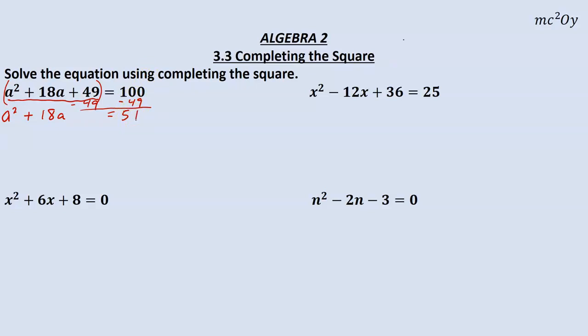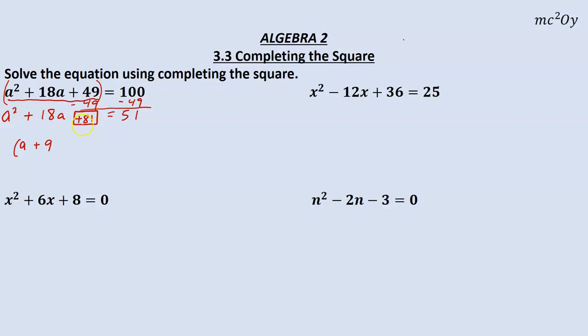All right. So now what I could do is fill in the back part with whatever I want. I know that in order for me to have a perfect square trinomial here, I need to take the square root of a squared, okay, and then take half of this, half of 18 is 9, and then square it, and that becomes my back term.